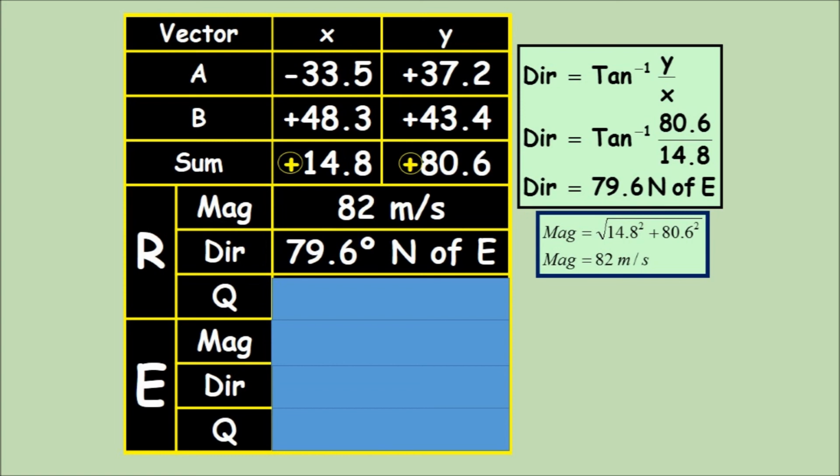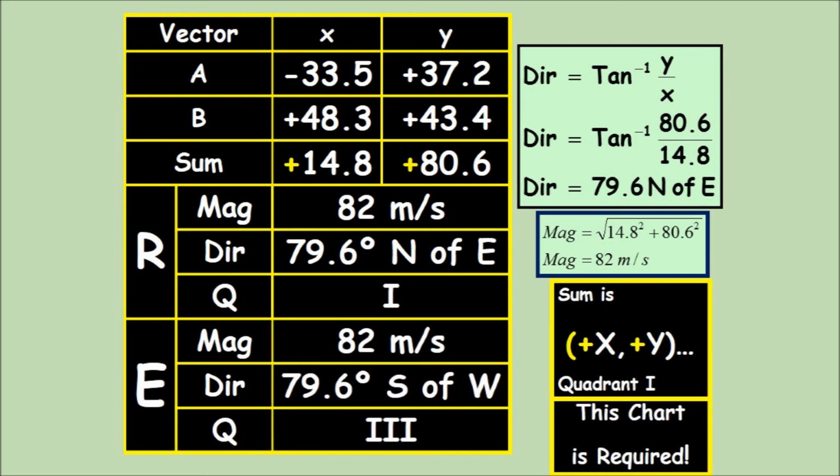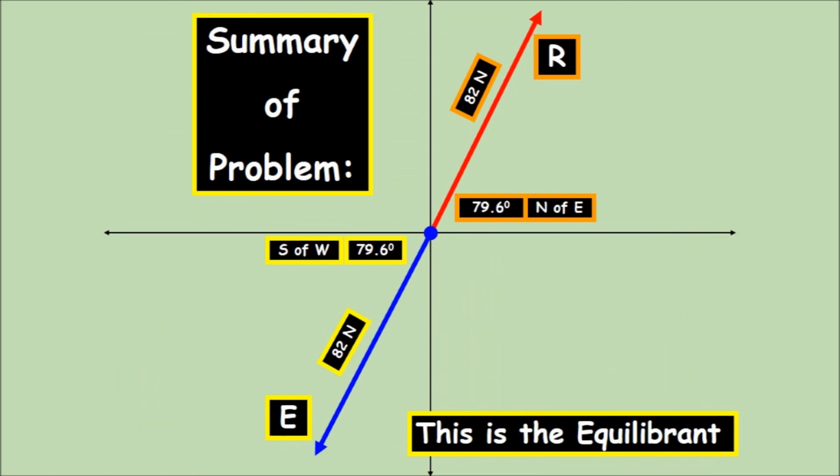And I'm just going to let this play out. You should be able to do this without any problem whatsoever. So you can see what I'm looking at here. I have the resultant, I have the opposite, equal and opposite, equilibrant, and then the summary would be here.